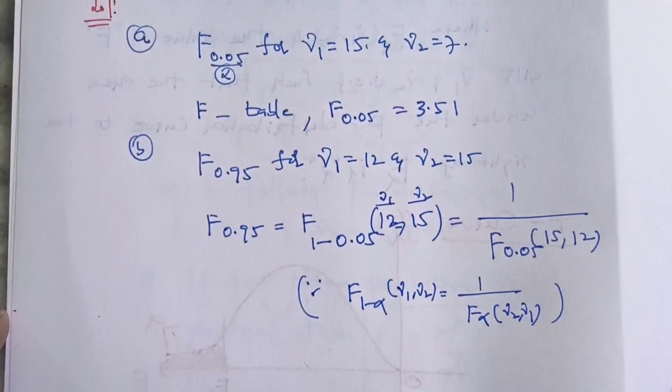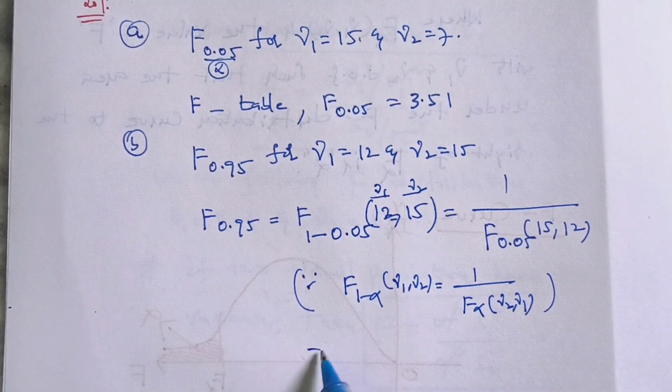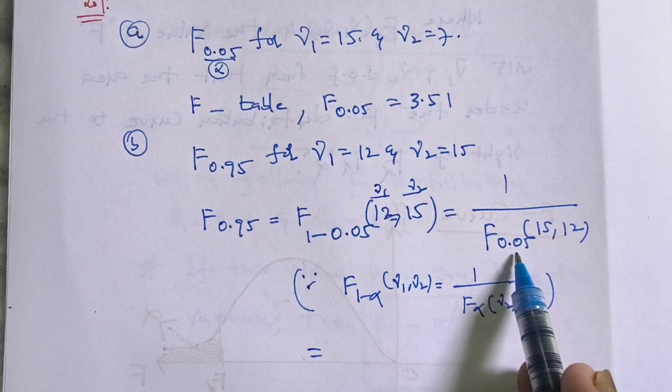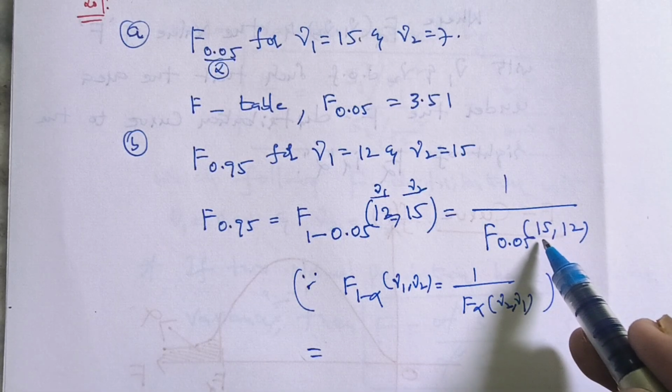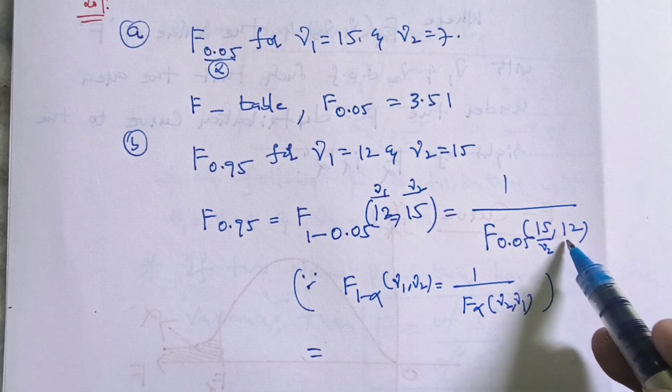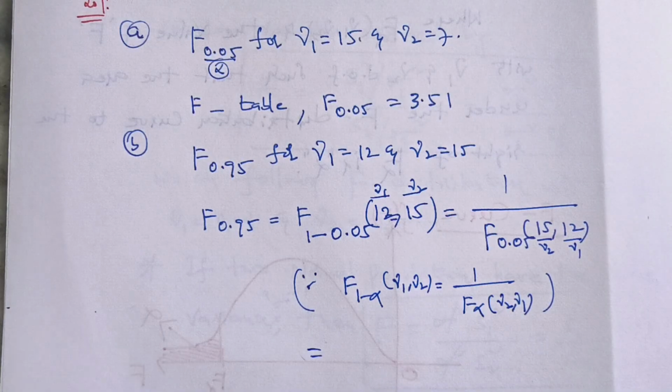By using this formula, we write the given problem F 0.95 like this: F 0.05 at degrees of freedom 15 comma 12. So this is nu2 and this is nu1.